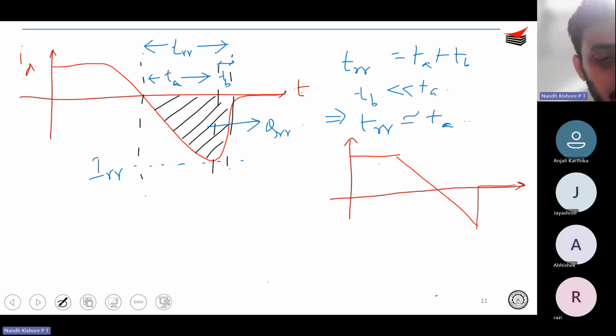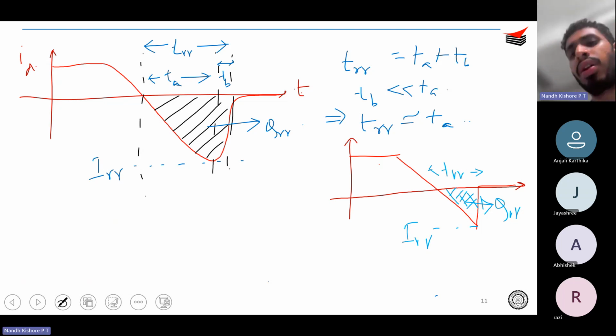So this is your IRR, this is your QRR, and you have TRR. With knowledge of any of these, you can always derive IRR, TRR, or QRR.